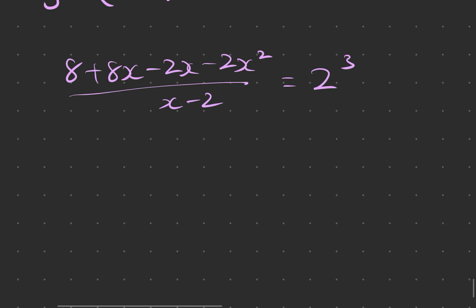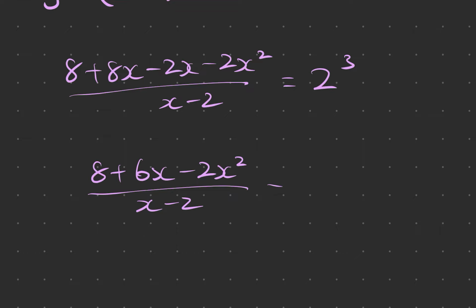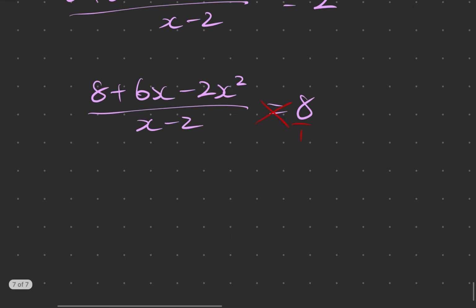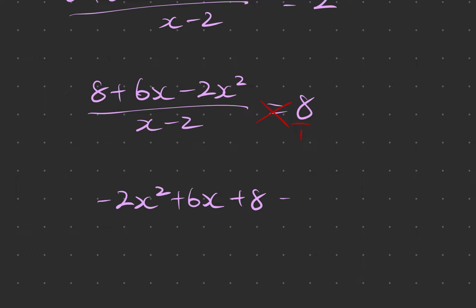So what I'll end up getting is 8 plus 6x minus 2x squared over x minus 2 equals 8. I can use cross multiplication to help me out here. So I'll get negative 2x squared plus 6x plus 8 equals 8x minus 16.